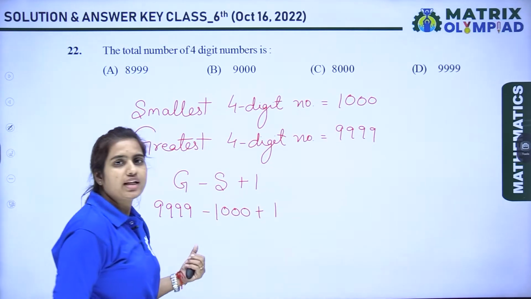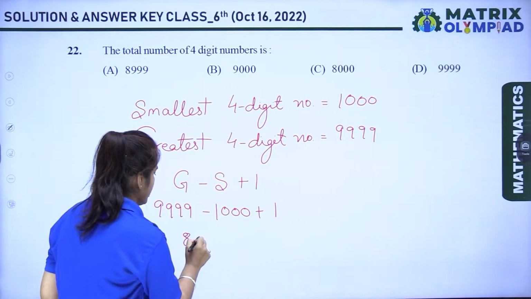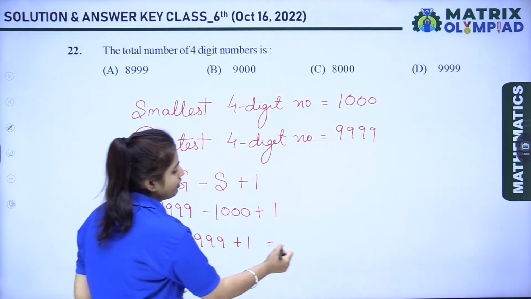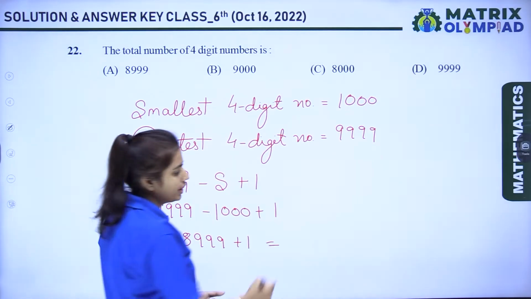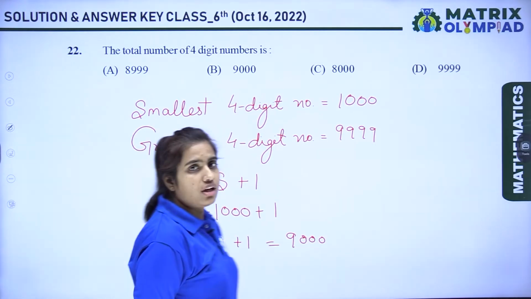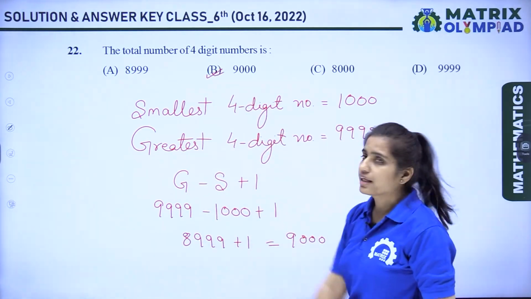So 9,999 minus 1000 is 8,999 plus 1. So after doing the addition, we get 9,000. So let's check the option. Here, option B is the correct answer.